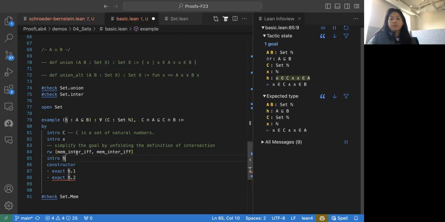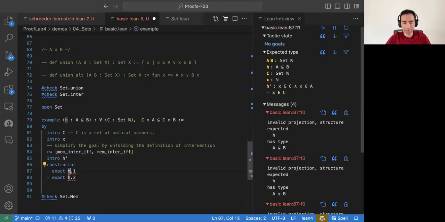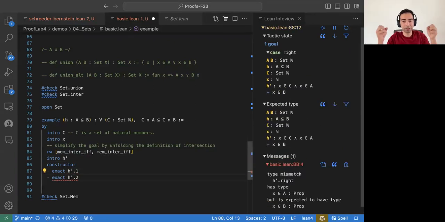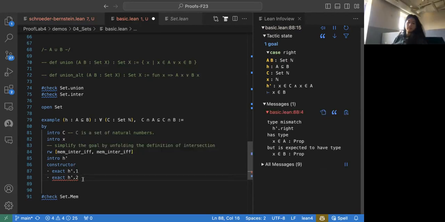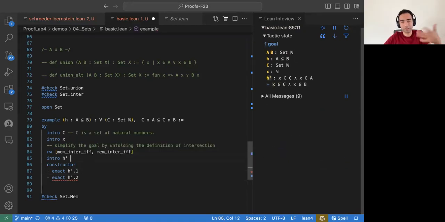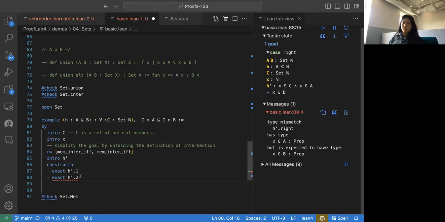I see. Okay. So you could refer to that by calling it H dagger now. Or H prime. Well, we cannot use dagger because that's reserved for Lean's internal representation. I see. So that's just telling you that you have to fix it. Yeah, exactly. But a better thing would be to just give a different name, H prime, to not overlap. Mm-hmm. So now H prime 2 doesn't work.